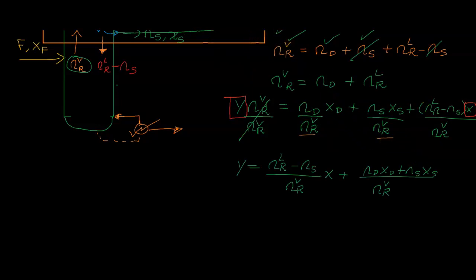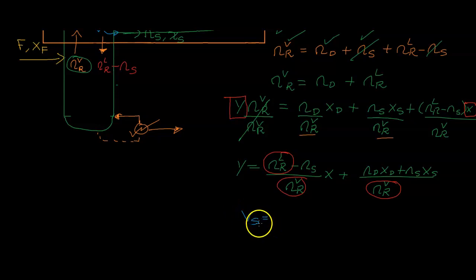Okay, this is what we have. It looks okay, but what's the issue? For instance, we don't know what this is, and we don't know what this is, right? So we can't measure them because it's inside of the column. So what we are going to use is the concept of reflux ratio. What is reflux ratio?